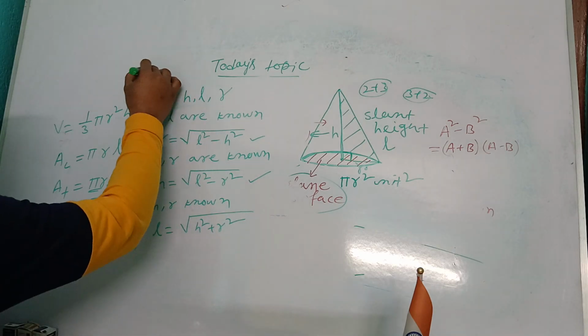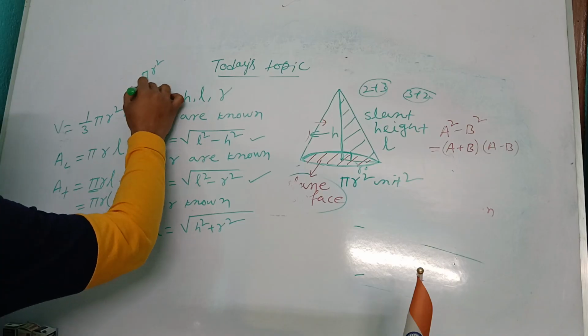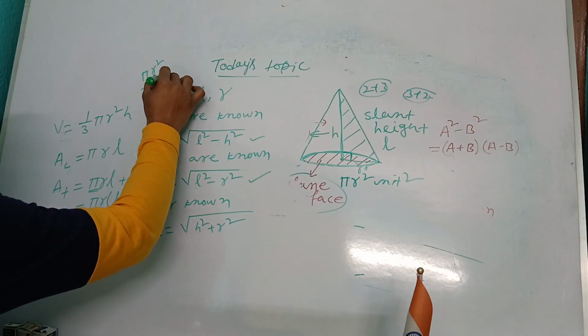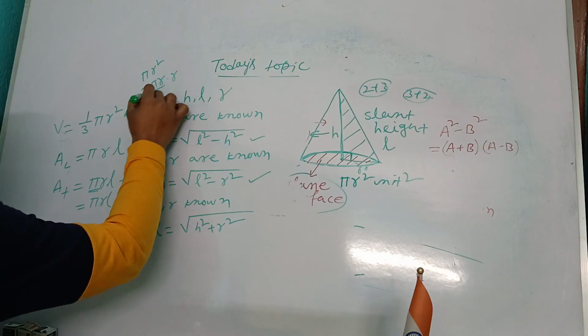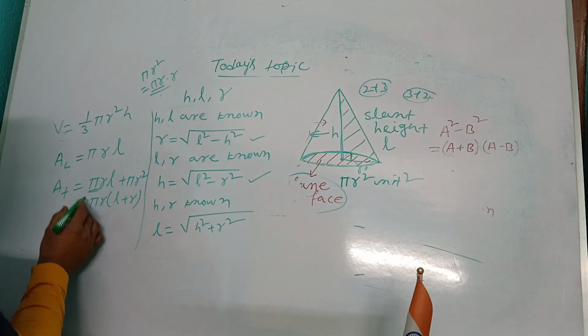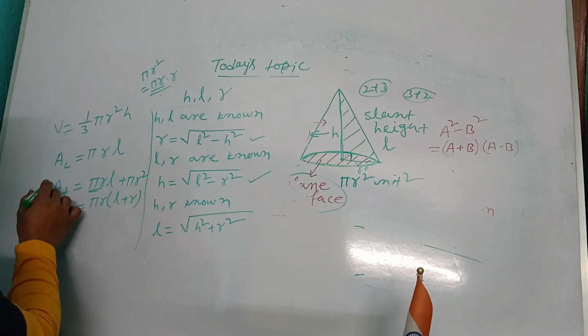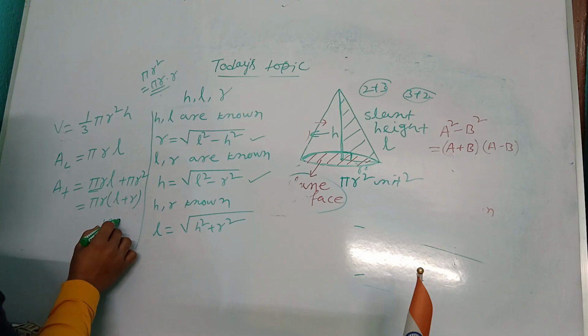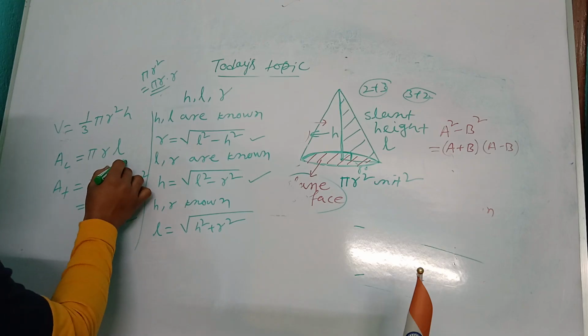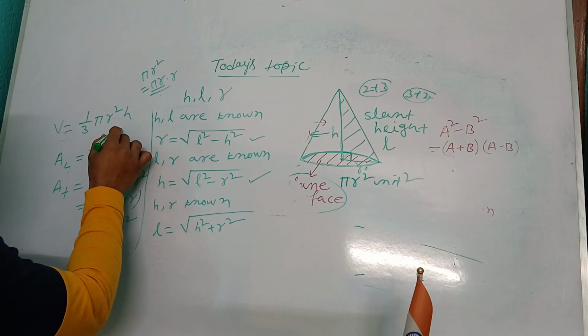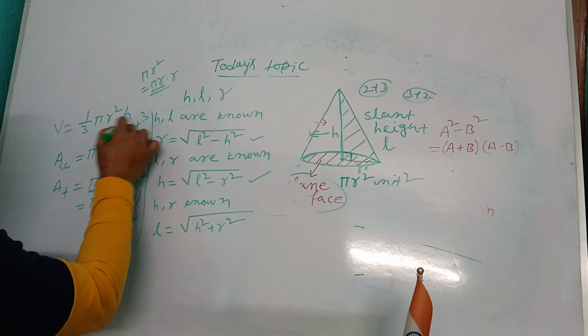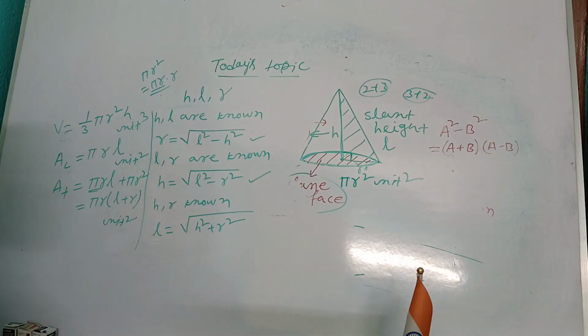Pi r square can be written as pi r into r. So pi r is common from these two, so l plus r. This is area, so unit square. It is also unit square, and this is cubic unit.